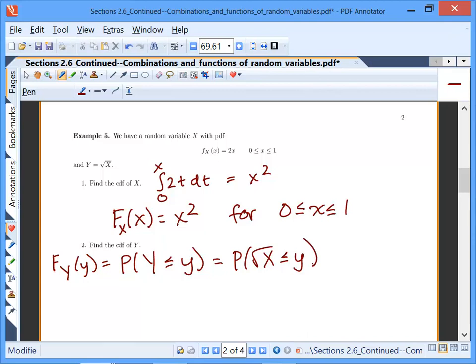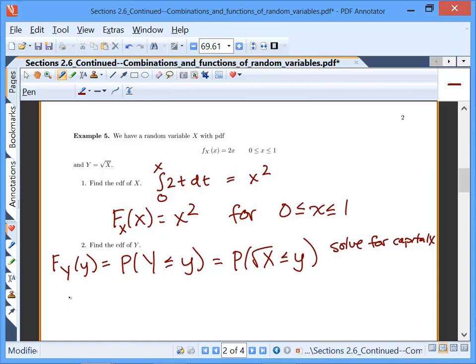Okay. Then what I'm going to do is I say, well, if I had this capital X by itself, then this would actually be the CDF of x. So what I'm going to do is take this inequality and solve it for my capital X. What would I need to do? Square both sides.